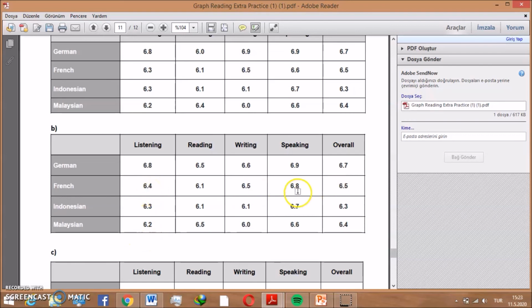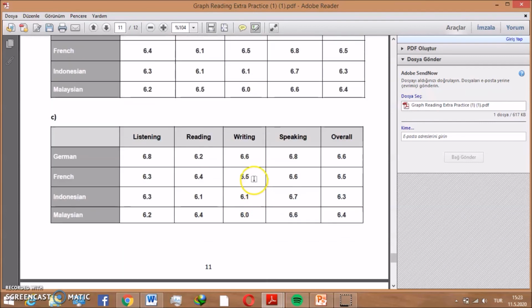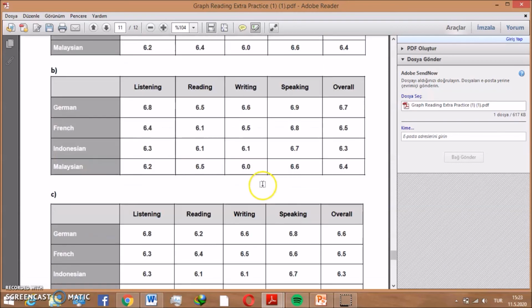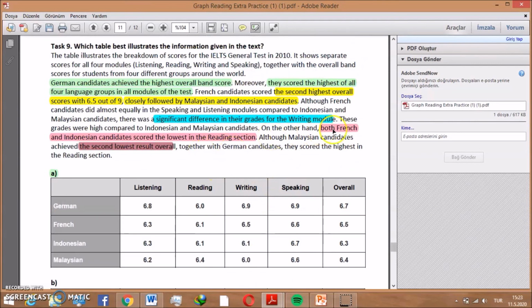And here too. But when you check writing, French has a much higher grade. I mean, much higher score than these ones, 6 or 6.1. This is correct too. Let's check this. Yes, this is okay too. Let's go on. These grades were high compared to these candidates.